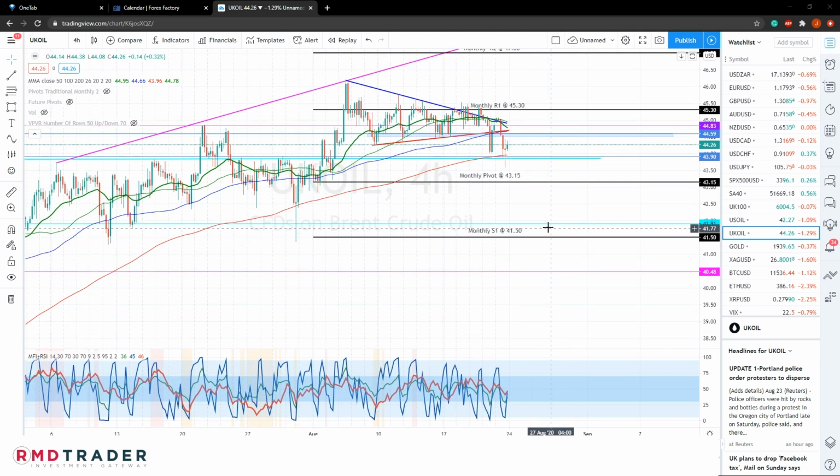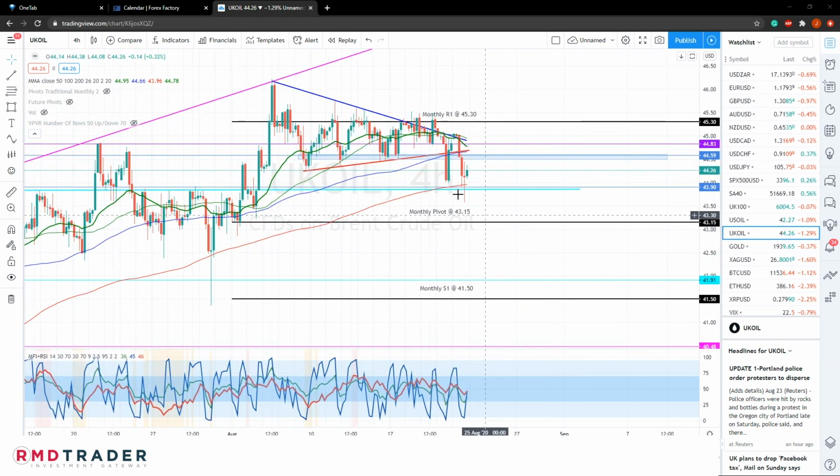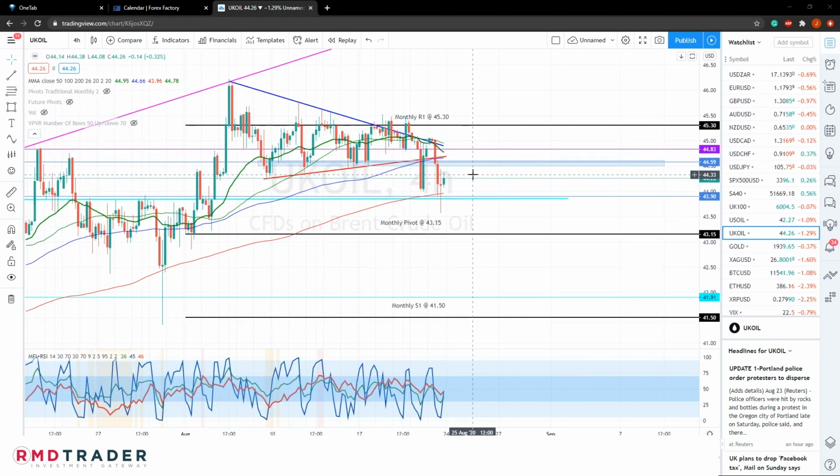Although that would be a very bearish scenario, it is still worth pointing out. And just considering possible bullish scenarios, should we manage to stay above our 200 SMA, similar to what happened at the end of July, and then we move back higher, firstly, we would need to get back above this 44.80 level, and afterwards we'll have to get above this 45.30 level, as that was a very strong area of overhead resistance, as can be seen.